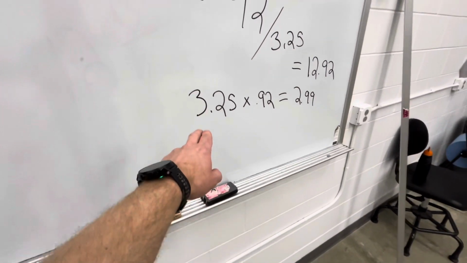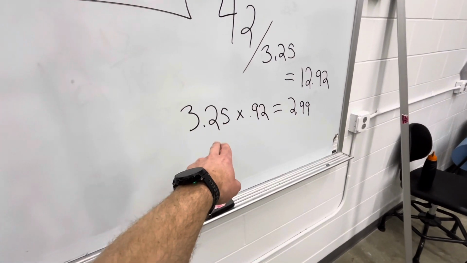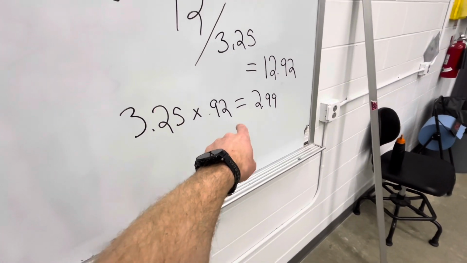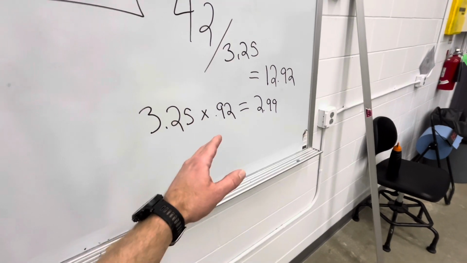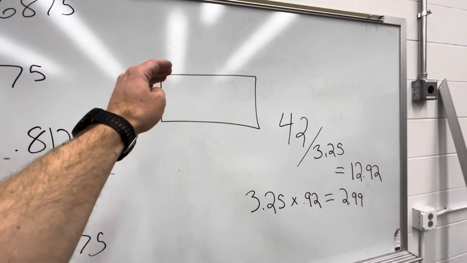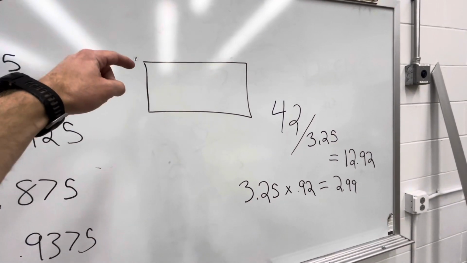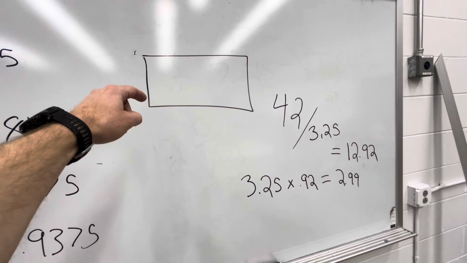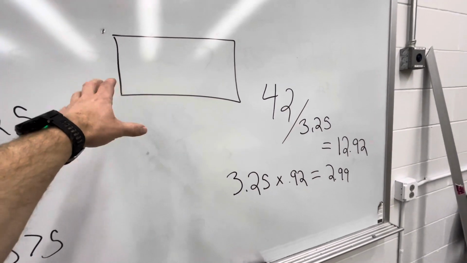So let's break it down. We've got 3.25 inches, 3 1/4 inch, times 0.92. That's the size of the actual board. I kind of broke it down here and said if we cut this into 100 pieces, we'd have 92 of them that we'd have cut off, and we'd only have that 0.8 left.